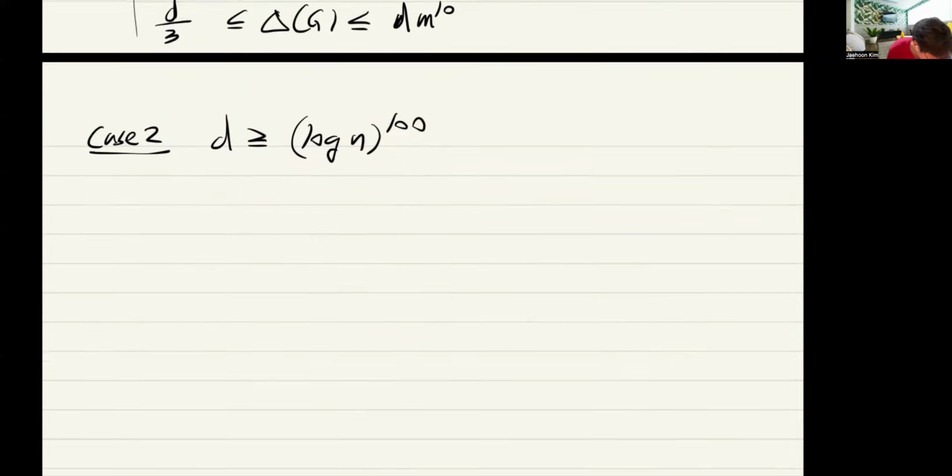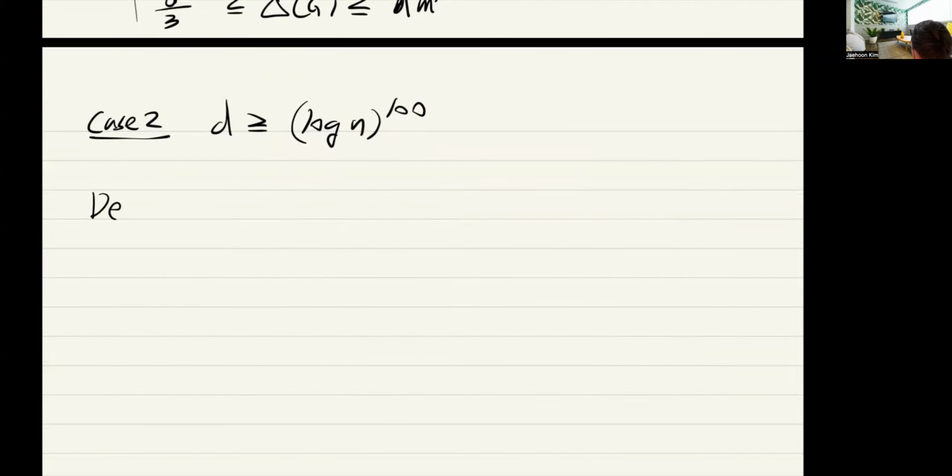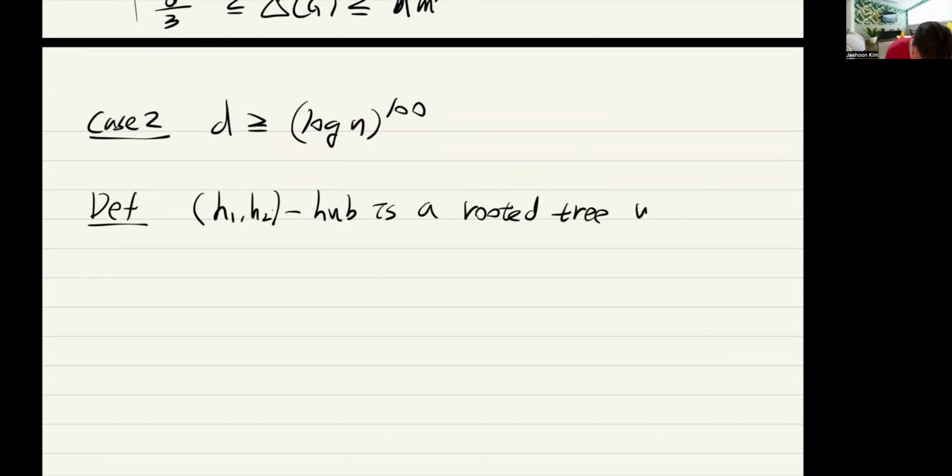And then based on that, we define the following. We say that an (H1, H2) hop is a rooted tree with height 2.